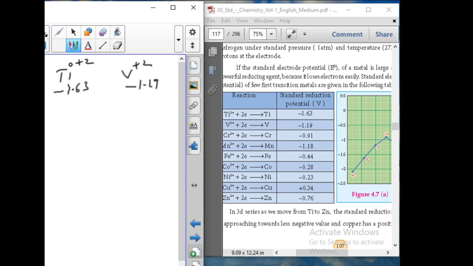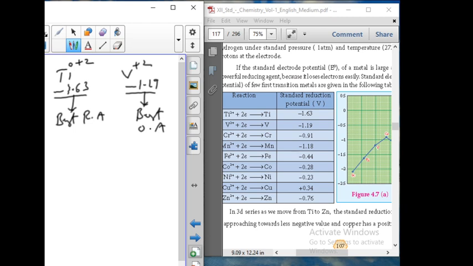The metal having the large negative value is the best reducing agent, and the lower value is the best oxidizing agent. Here in this table they are giving reduction potentials of a few transition elements, and a graphical representation also.